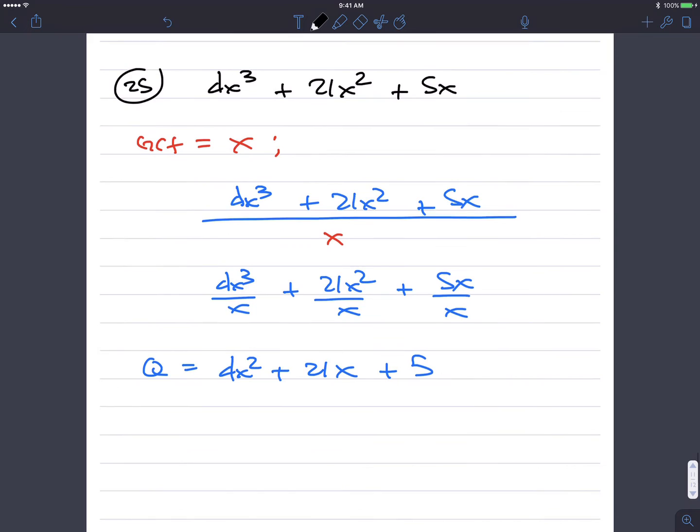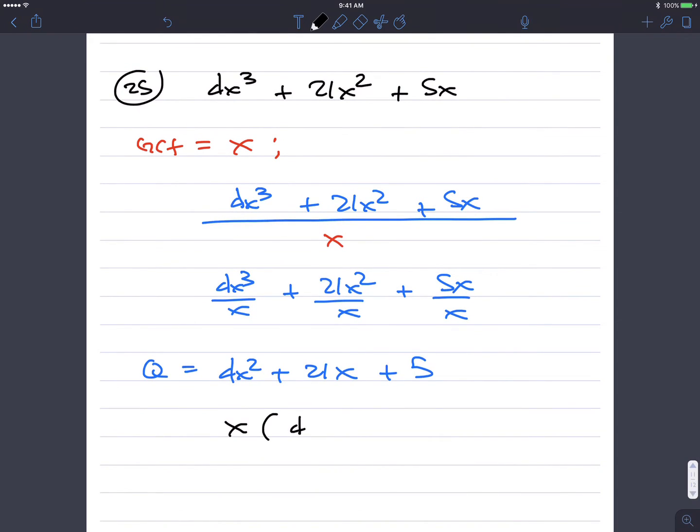Okay, we're going to write this as the greatest common factor times the quotient because we factored out that greatest common factor. Now let's see what we do.